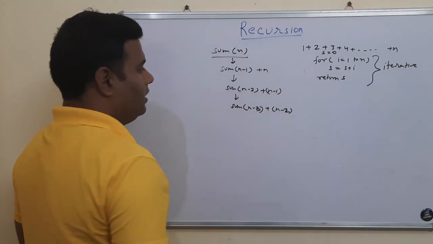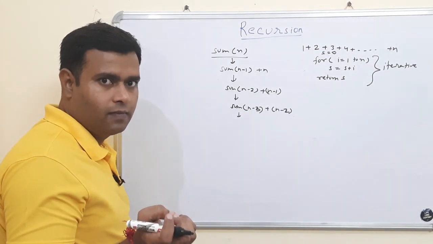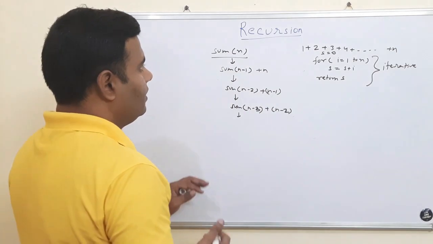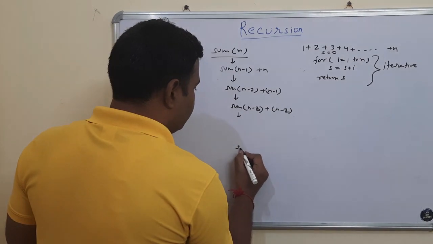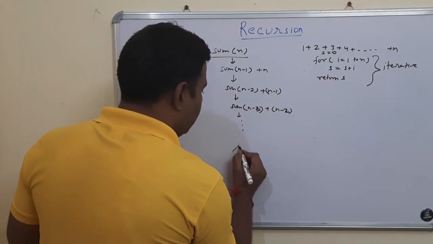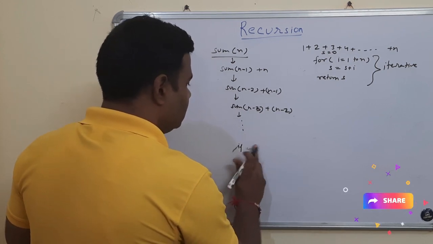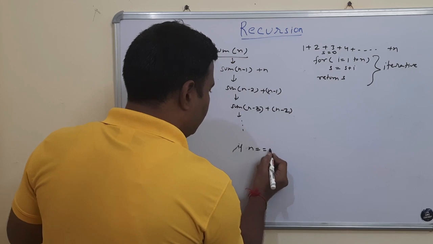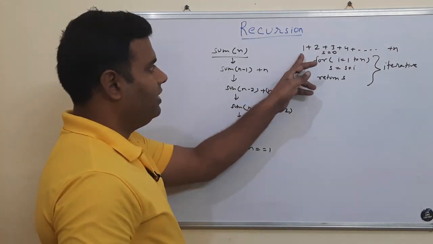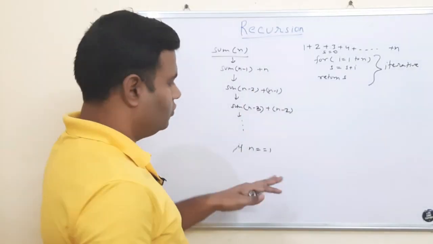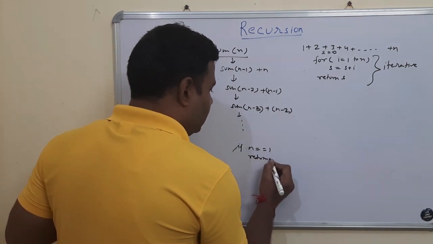This way we will keep dividing this problem till what point? The base condition will be 1, right? Because we have to find the sum from 1. So we will keep going, and if n equal to 1, then return just n.